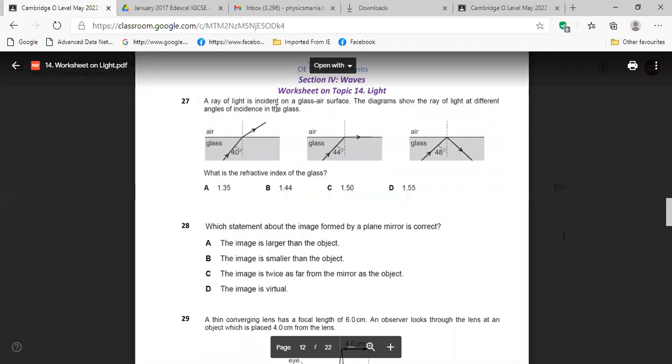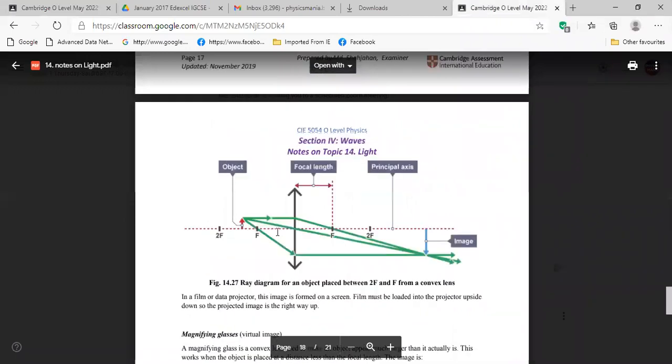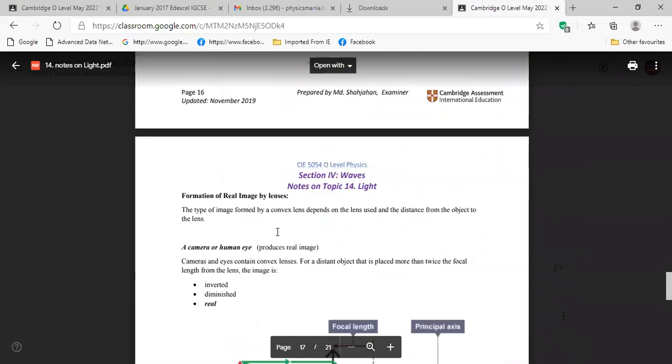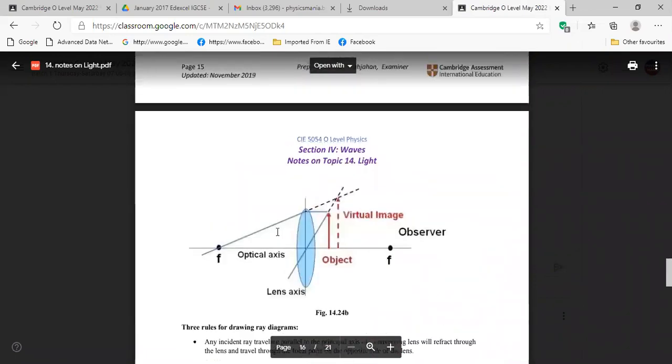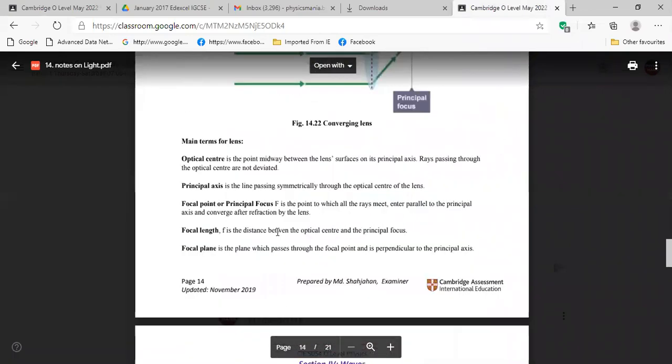What is the definition of critical angle? It's written in your copy, right? Can you read from there? Look, I'm going back only for recalling.